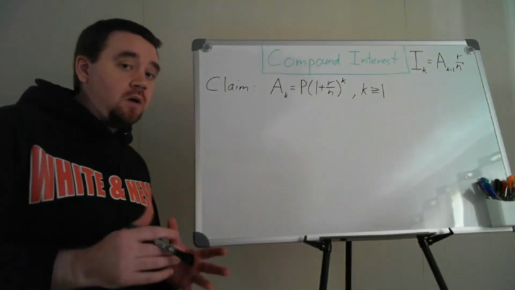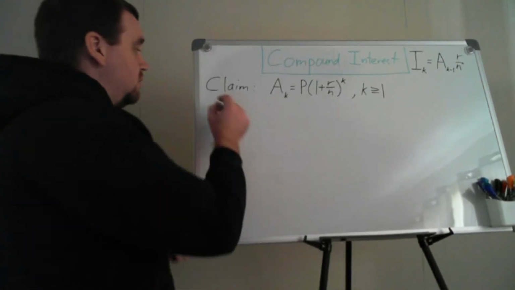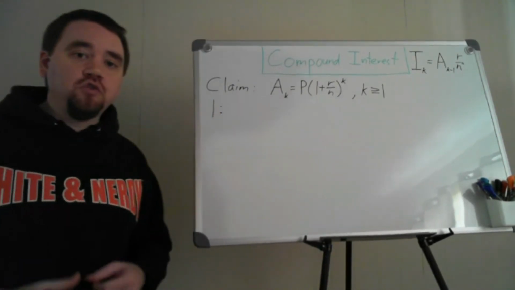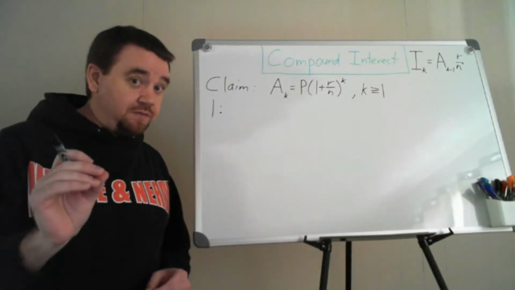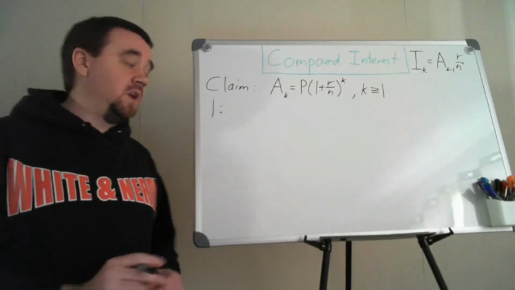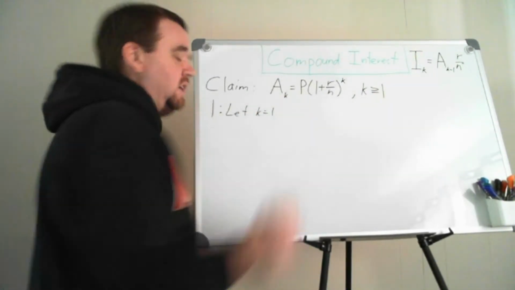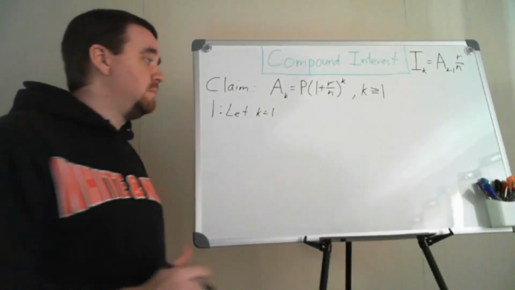Okay? Now, we have to prove by induction using 2 parts. The first part is show that it's true for some value of k, specifically the first value. Okay? So we let k equal 1. Plug it into this formula and see what we get.